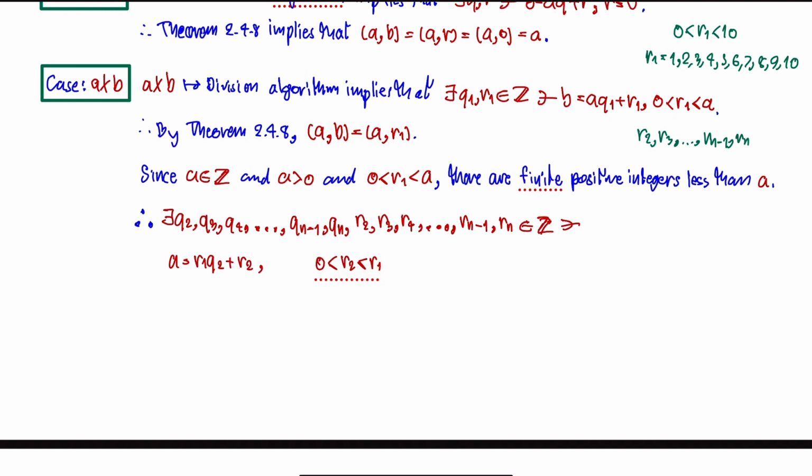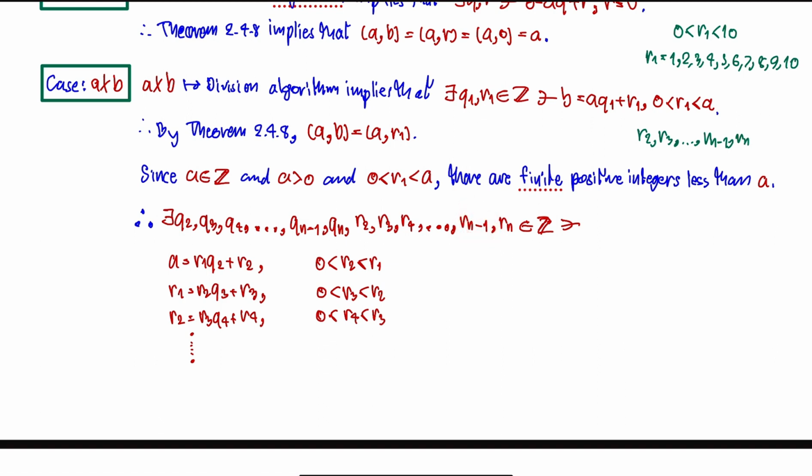You're gonna have this equation R1 equals R2 Q3 plus R3. R3 is now the remainder. Okay? So what do we have next? The next thing we're going to do is divide R2 by R3 because R3 is less than R2. So we're gonna have R2 equals R3 Q4 plus R4, with R4 less than R3. All right, and so on to Qn minus 1 and Rn minus 1.